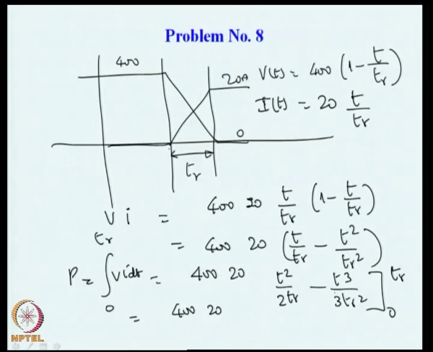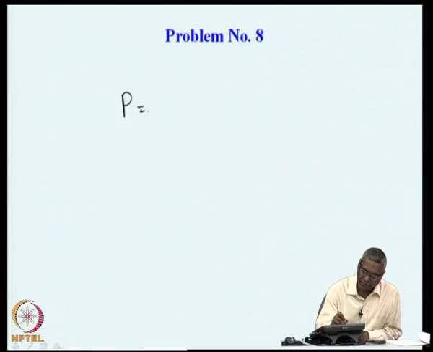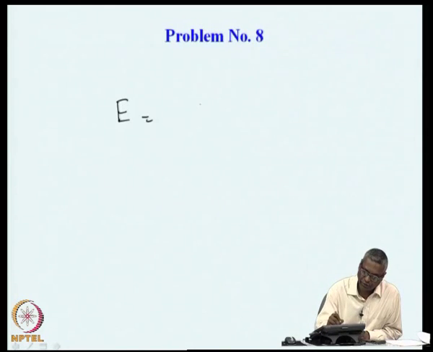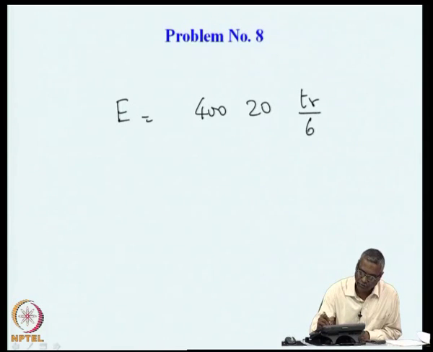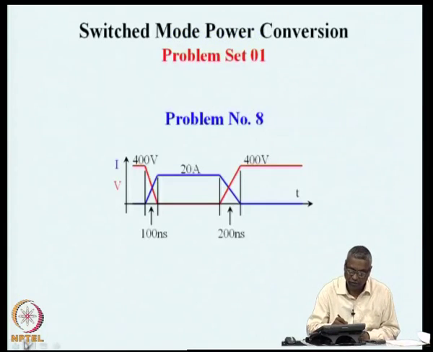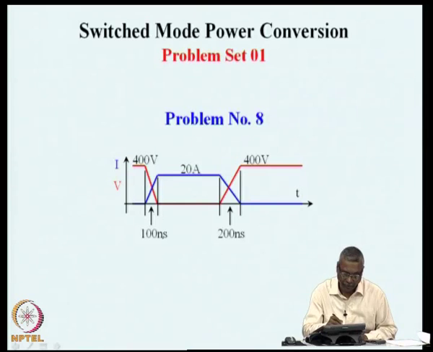So, 1 by 2 minus 1 by 3 will be 1 by 6 into tr. So, our total energy dissipation is 400, 20 and tr by 6. In this application, tr is given as 100 nanoseconds.